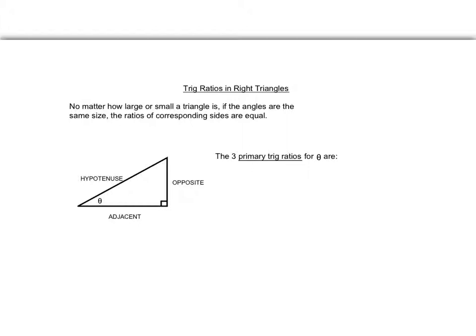In the right angle triangle in your note, I have labeled this acute angle at the bottom theta, and we're asked to find the three primary trig ratios for theta. So let's remember that sine theta is defined as opposite over hypotenuse.